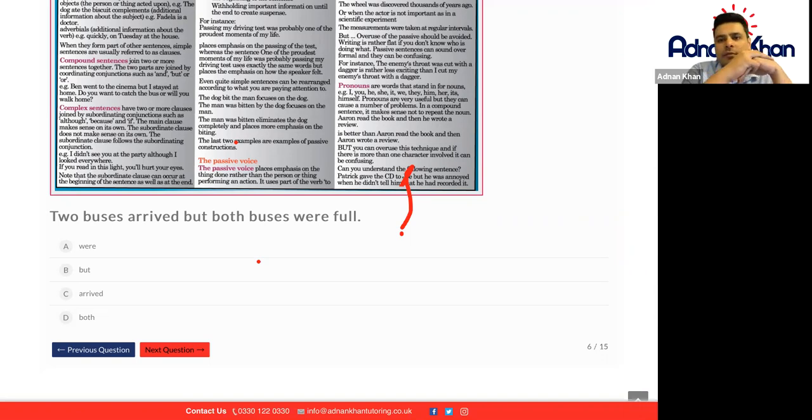But. Exactly. "Two buses arrived, but both buses were full." So in this case, remember what a conjunction is? If you know what conjunctions are, words like "but," you know what a coordinating conjunction will be. So the key word is in there, conjunction. What's a conjunction? It's the word "but." "Two buses arrived, but both buses were full." So "but" will be the correct answer.